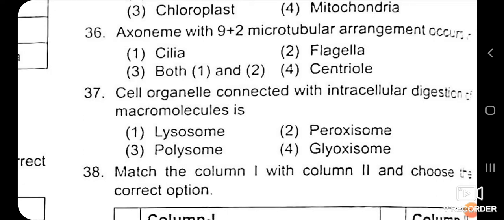In the structure of cilia and flagella of the eukaryotic cell, we have seen that the axoneme is the central part of the cilia and flagella, which has the microtubules. Centrally there are 2 microtubules present, and at the periphery there are 9 microtubules present in doublet form. So the 9+2 microtubular arrangement occurs in cilia and flagella.